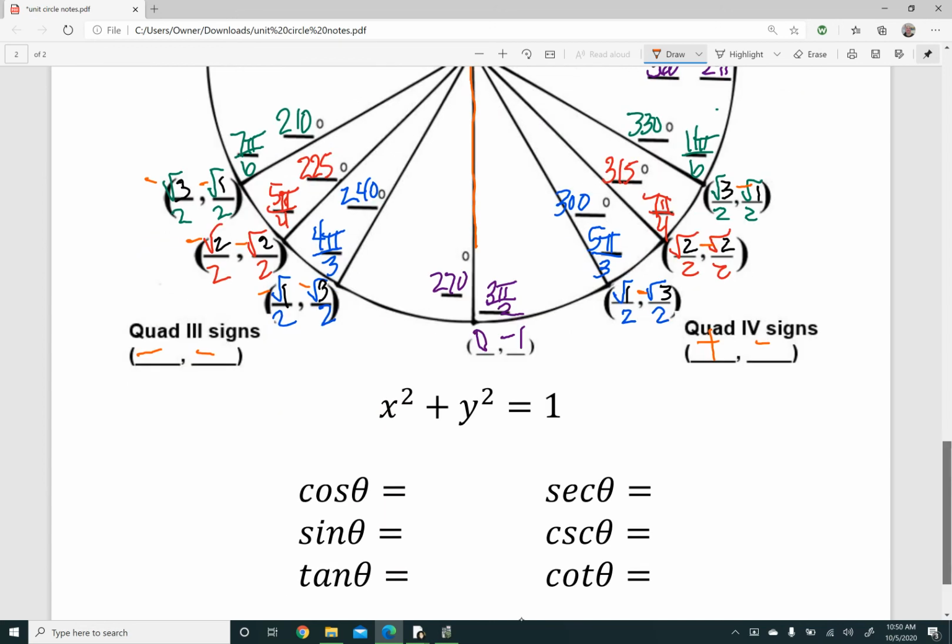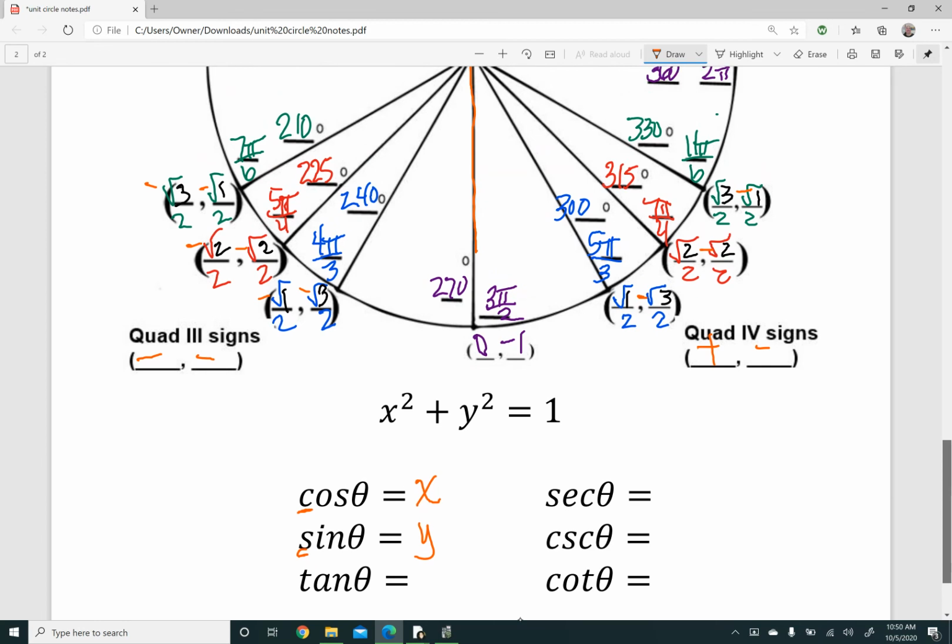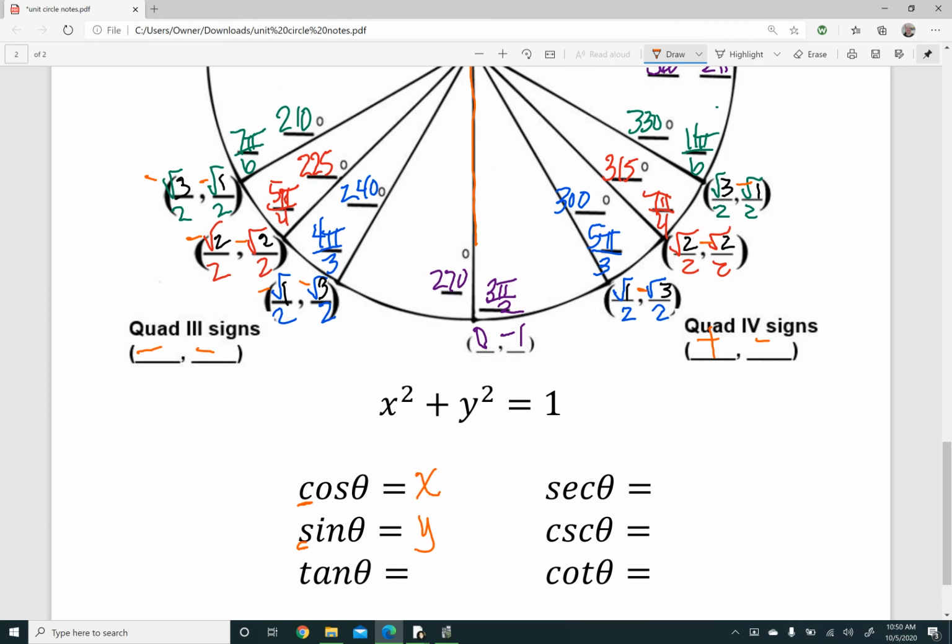The thing that you have to do for these is be able to identify these 6 trig functions. Well, what comes first in the alphabet, C or S? Hopefully you say C. And X comes before Y in the alphabet. So for this particular IXL, if I said, find the sine of 315 degrees, you'd go right here to 315 degrees, and that's the Y value.